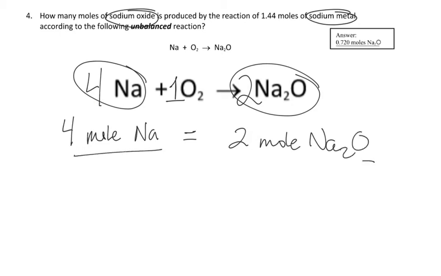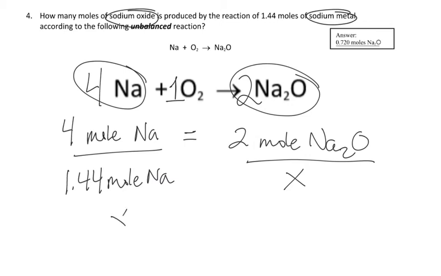But in this case, we actually only have 1.44 moles of sodium. So what's the new amount of sodium oxide going to be? If you do a little math, you're going to find that X equals 2 times 1.44 divided by 4.